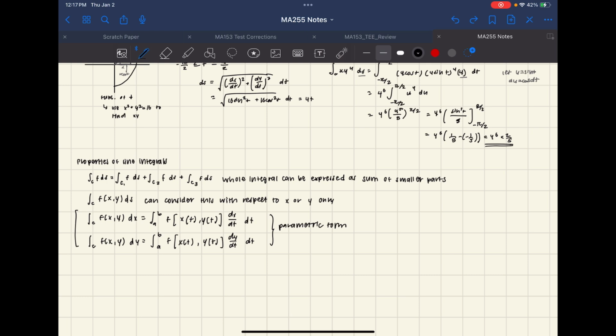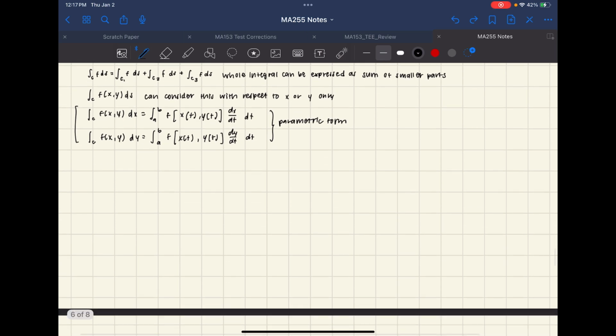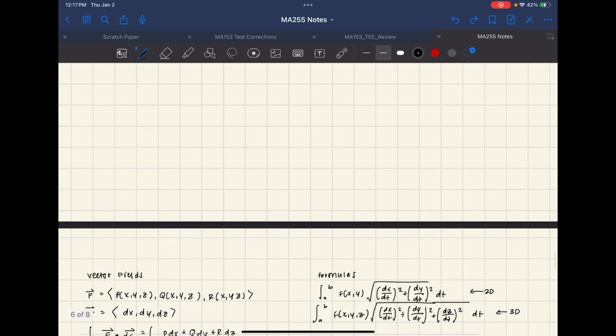We looked at scalar integrals earlier. We're also going to look at vector line integrals.